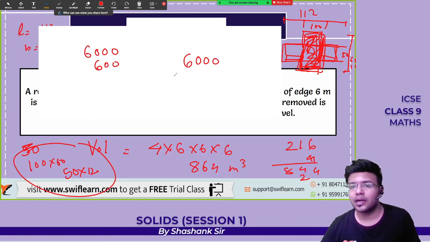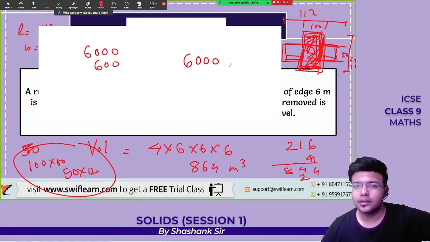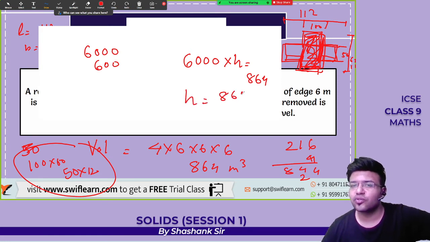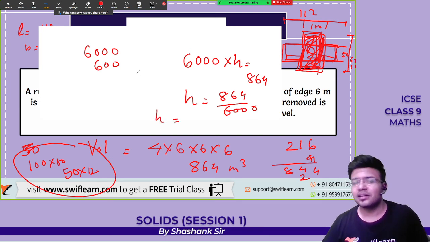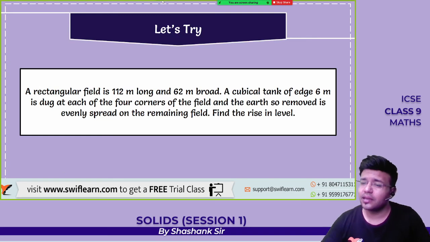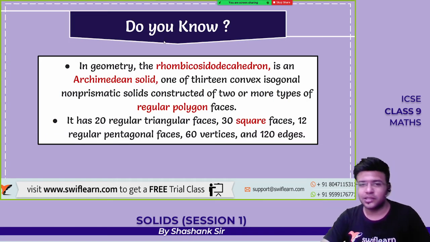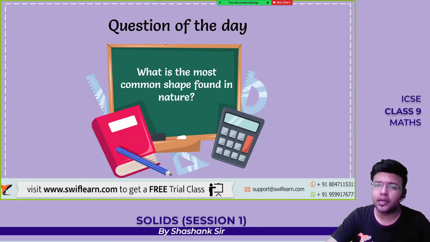Now that into the height is equal to 864. Now divide this 864 by 6,600 and we'll get the answer in 0.00 something. So that is the rise of level, that is the height. This is how you do this.